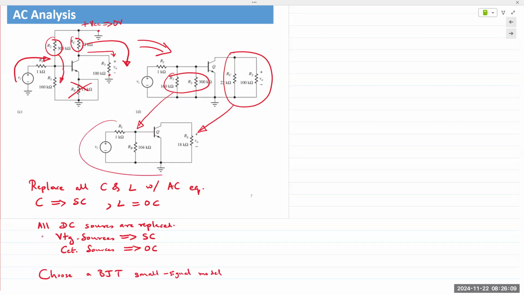And then we obtain this circuit. So you're applying a small AC input signal, and then we can analyze the circuit using any small signal model that fits our application. And that's going to be the next couple of slides.